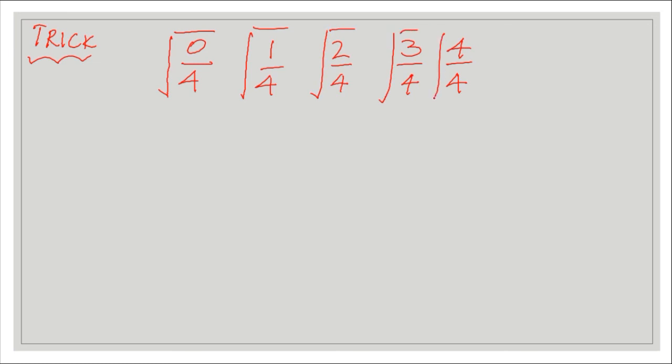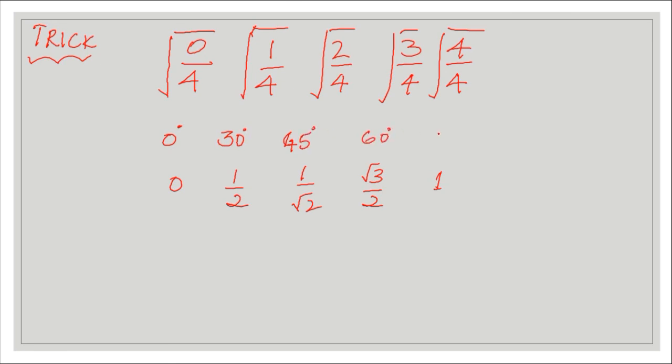The square root of 0 by 4 is 0, the square root of 1 upon 4 is 1 by 2, this will be 1 by root 2, this becomes root 3 by 2, right? This becomes 1.